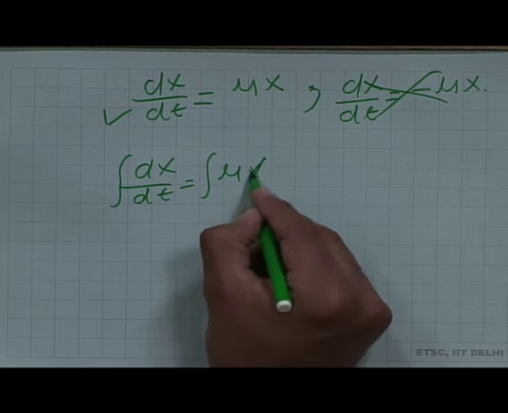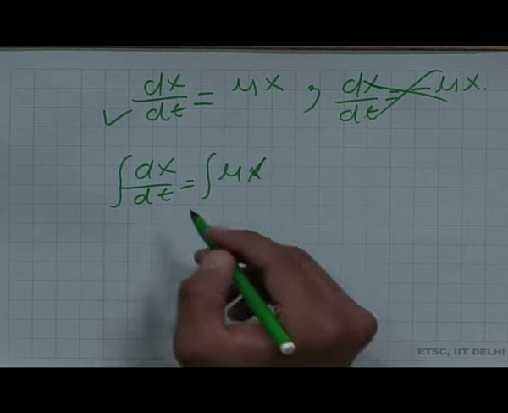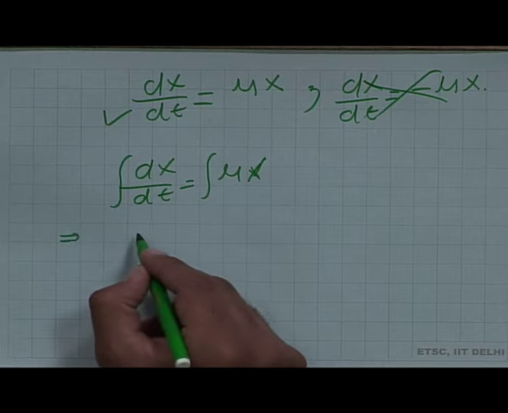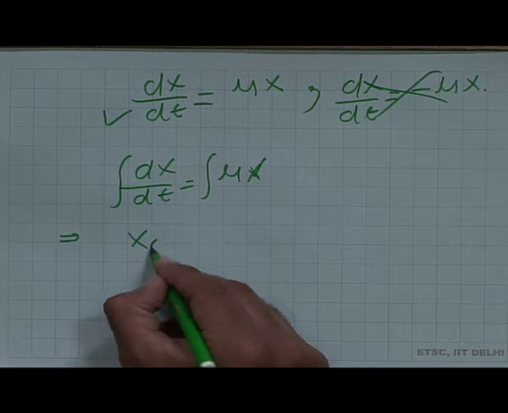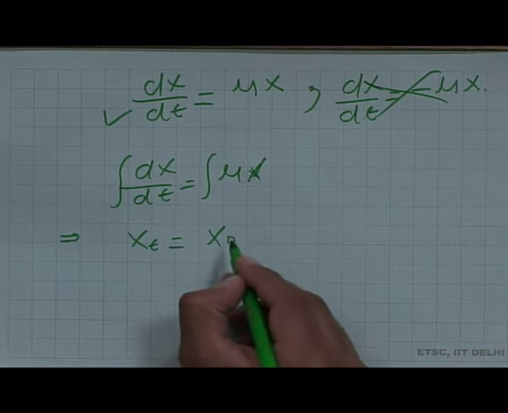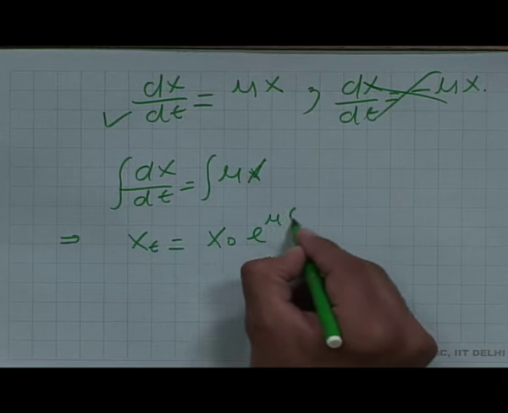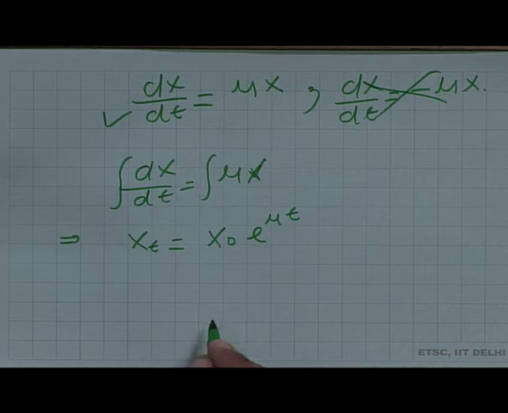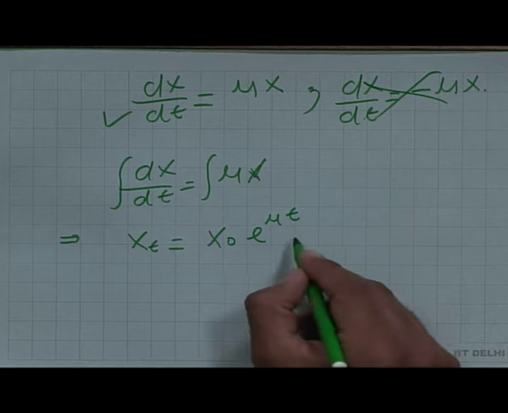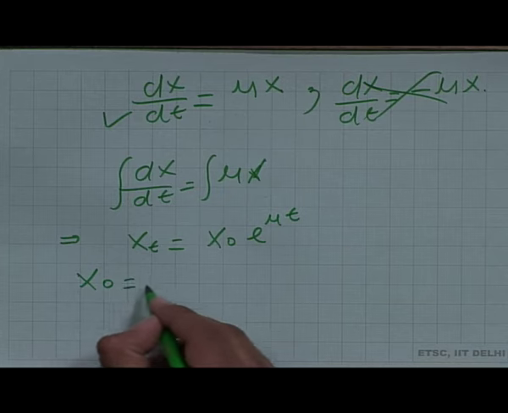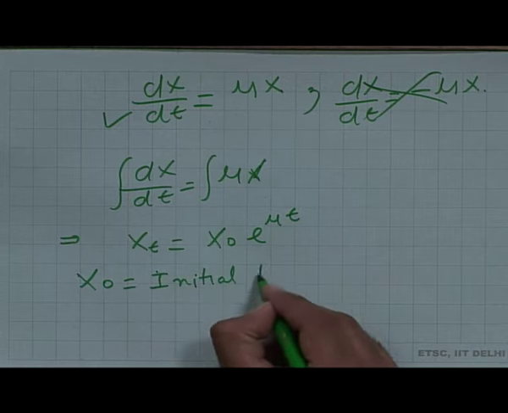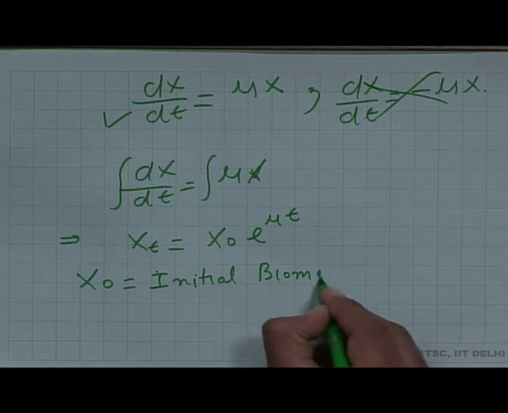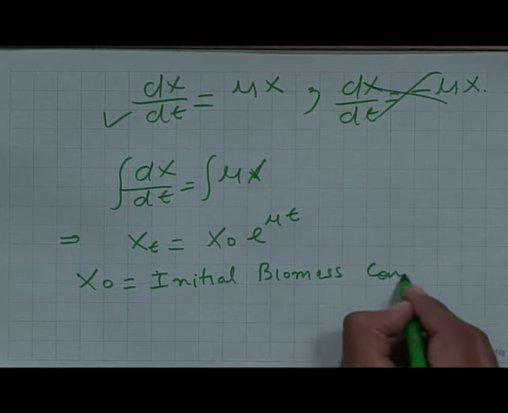you have to transfer x here. If we do a simple integration, it will come out to be x t equal to x 0 e to the power mu t. Okay. We do a definite integration. What is x 0? Initial biomass concentration.